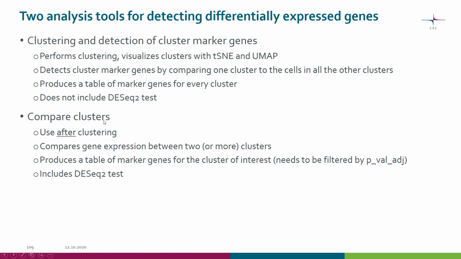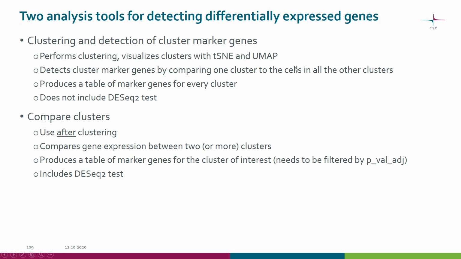Then there is another tool called Compare Clusters. This tool does actually only the differential expression analysis, so you should run this clustering tool first and then give that R object as an input here. And here you can specify what kind of comparison you want to make. So you can, for example, compare gene expression between just 2 clusters, so you define the clusters.